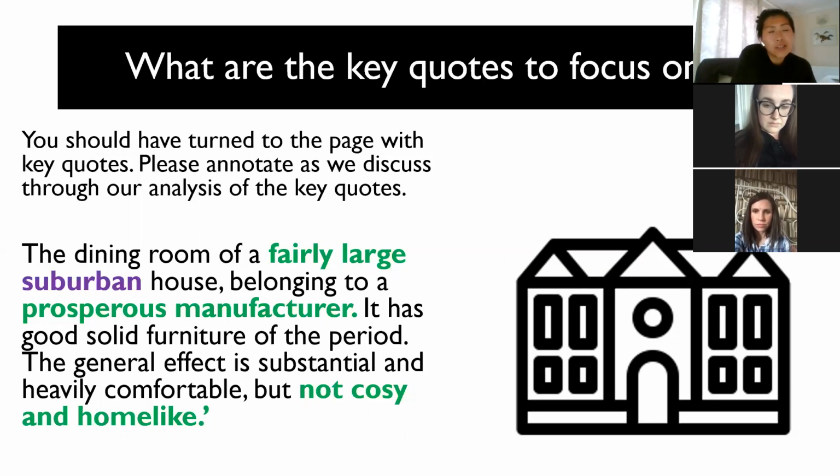Priestley intentionally uses the setting to give you an idea of what the Birlings could be like. The setting is very indicative of their status. I want to draw attention to the fact that the play takes place in the dining room for all of the play. It doesn't take place in any other setting.